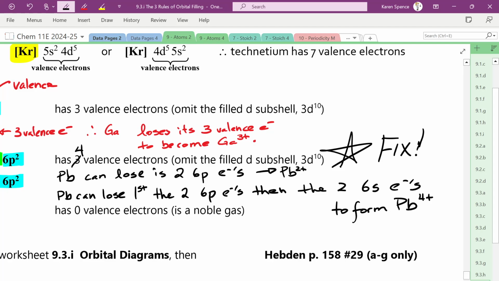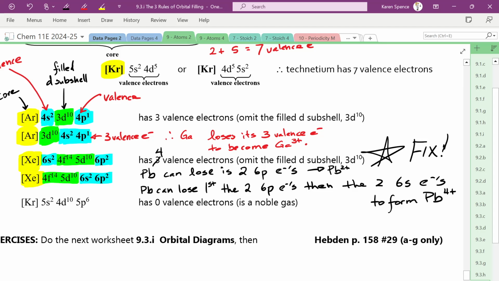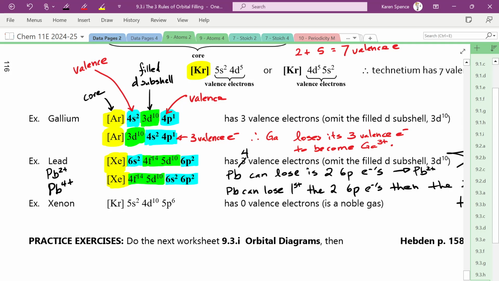Does that make sense? Okay, so you have a choice to figure out which electrons are removed, because if we were to write the configuration for Pb 2+, it would be xenon 6s2, 4f14, 5d10, and we've lost those 6p electrons.